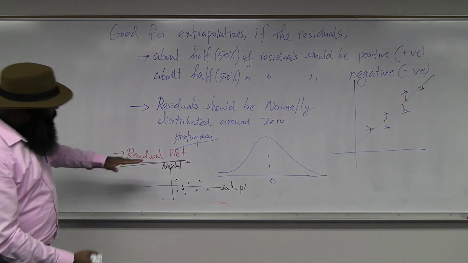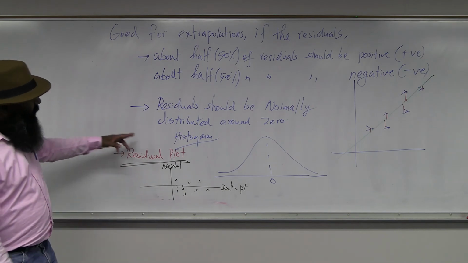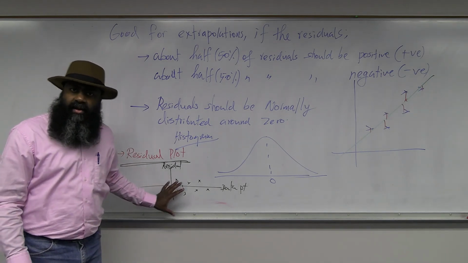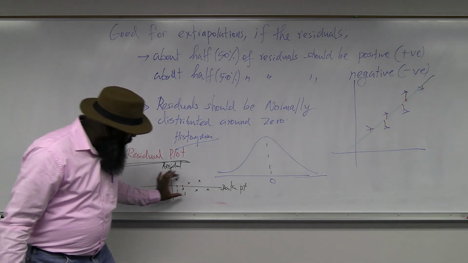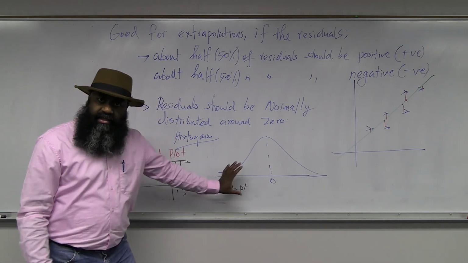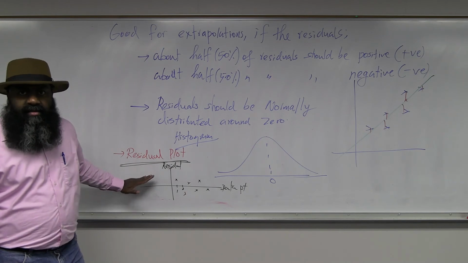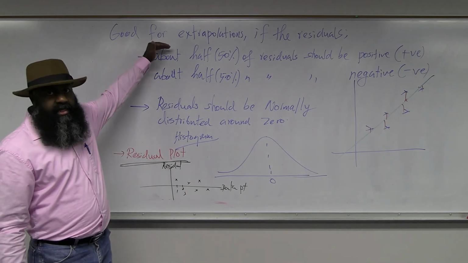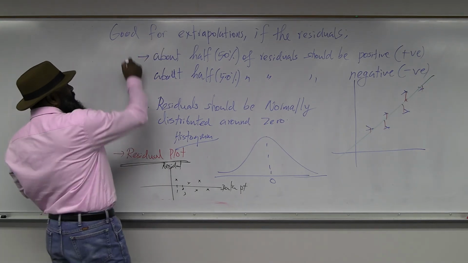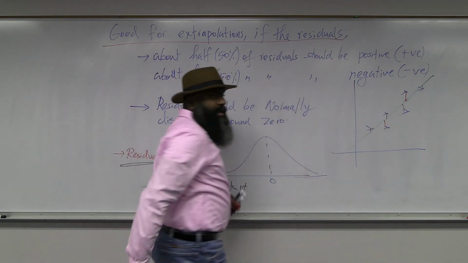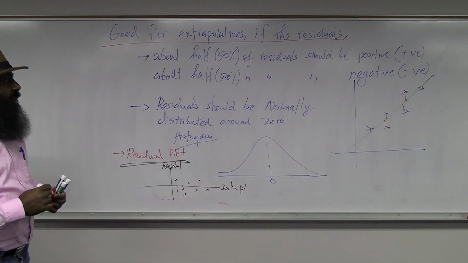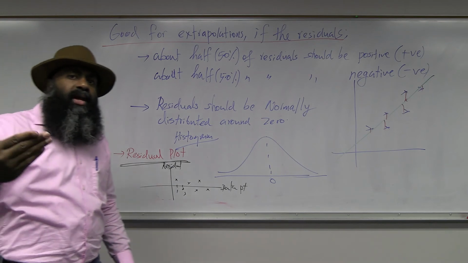So if your residual plot shows that all the residuals are randomly scattered around 0 and within an even band along the x-axis, your residuals meet the third criterion for good extrapolations. So if these three conditions are satisfied by the residuals, we say your equation is also good for extrapolations.